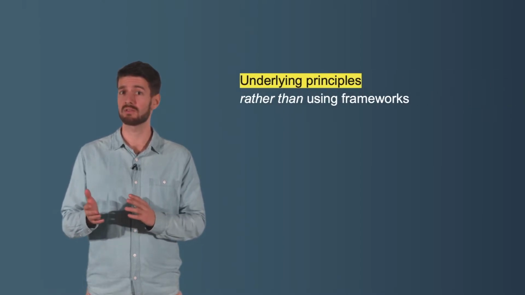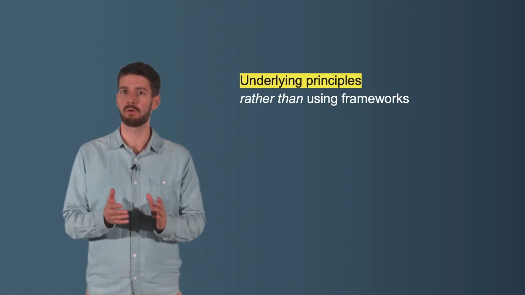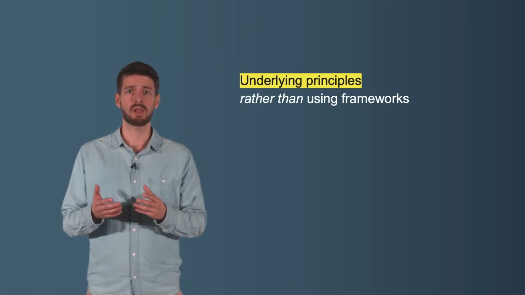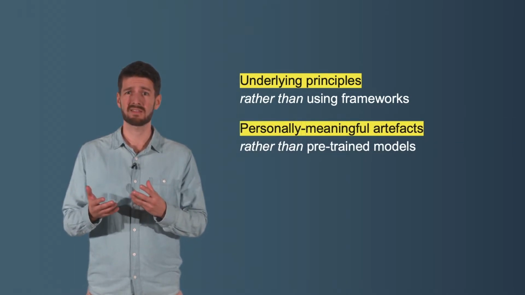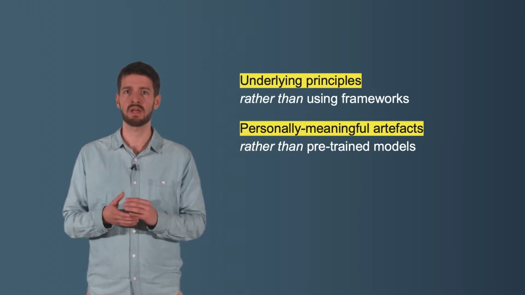Applying this to AI education means that we should favor understanding the underlying principles, such as how machines can learn, rather than just the usage or application of certain frameworks like TensorFlow or PyTorch. Furthermore, it is more important to let the students create personally meaningful artifacts, as the students learn best while being creative and pursuing their own goals, instead of using predefined models for somewhat artificial projects.